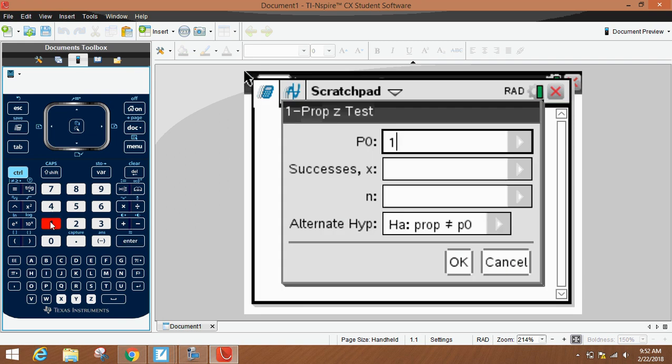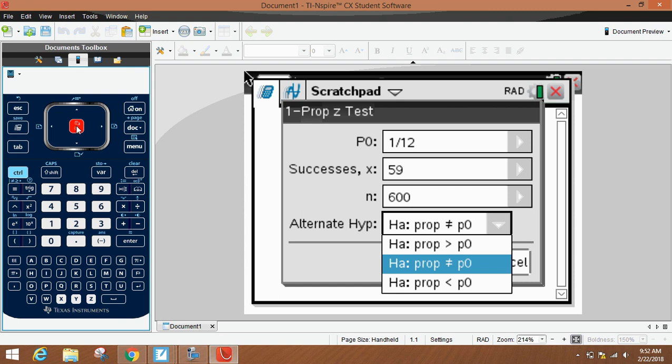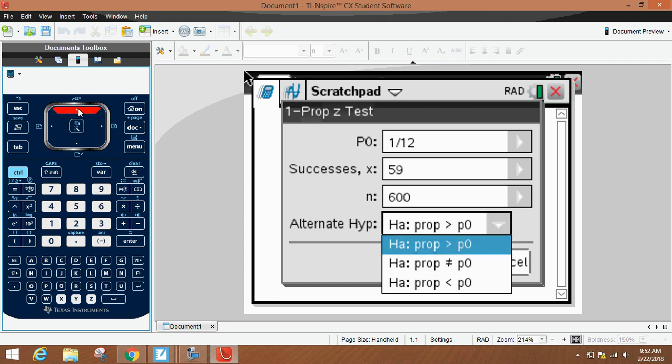P naught is 1/12. Successes 59, over N which was 600, and our alternative hypothesis is that our statistic is greater than P naught.